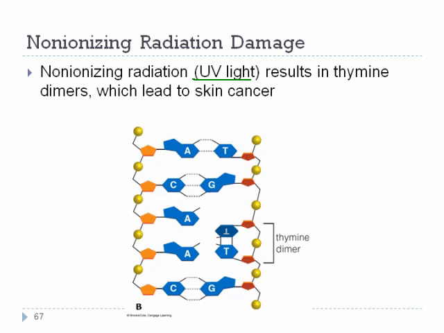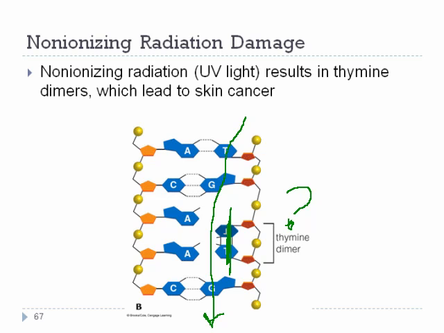UV light results in something called thymine dimers, where instead of base pairing with the A's, the radiation causes the T's to bind with each other. And then when the DNA polymerase comes through here, it doesn't recognize what it's supposed to be.